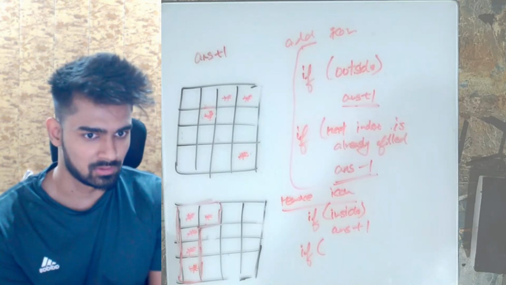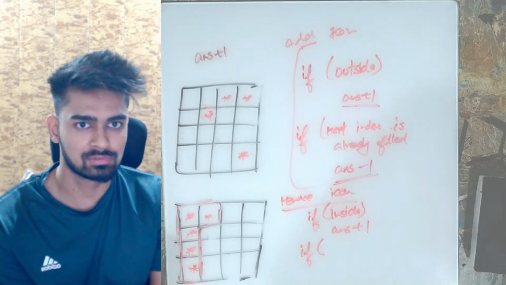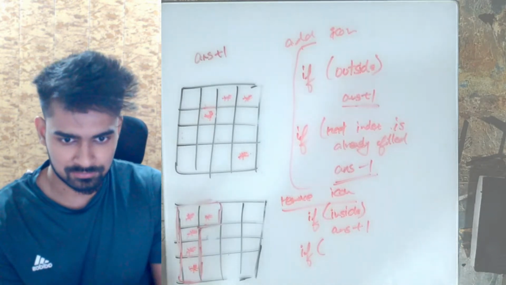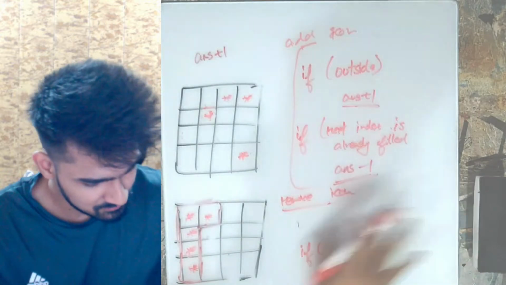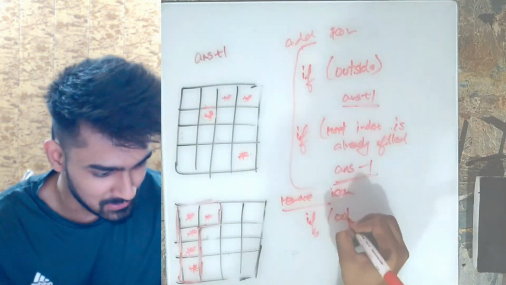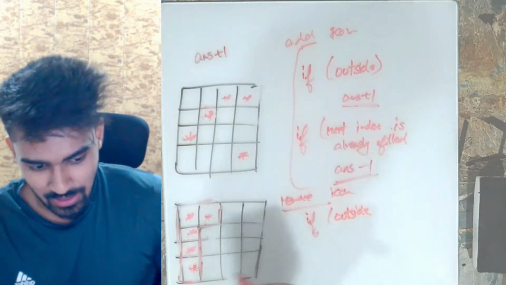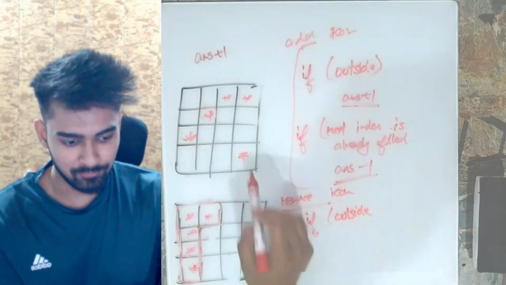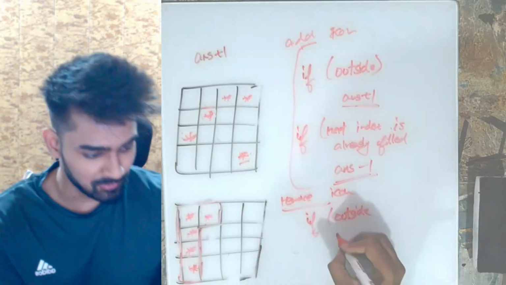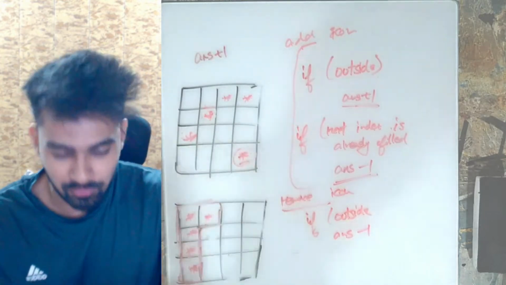Basically, when you're removing, and if it is present outside, what if this was the case, and you removed this icon? If you remove this icon, that means your answer will decrease. The reason is because now you don't have to move this icon.